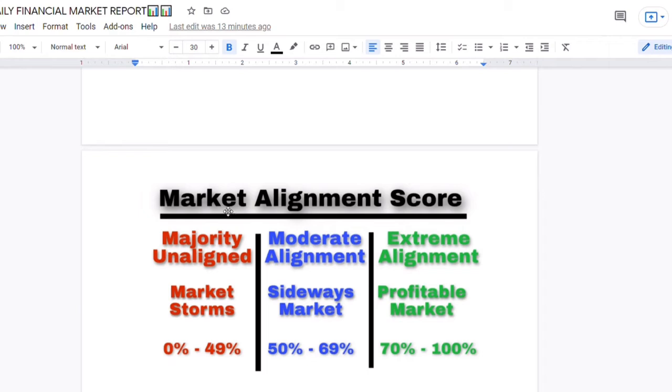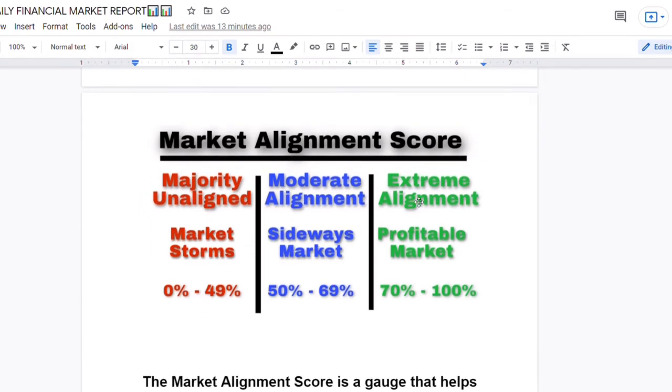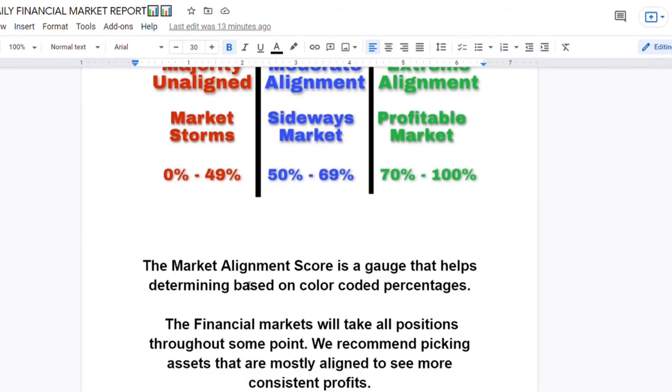We have something called the Market Alignment Score, also known as the MAS. The MAS score is broken up into 3 parts. Let's go over the first part here. It's color coded. I'll go ahead and read this actually. The market alignment score is a gauge that helps determine, okay, that's not really good grammar, but it's a gauge that's color coded, and it's also based on percentages.